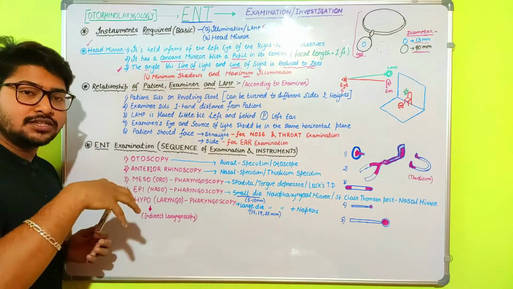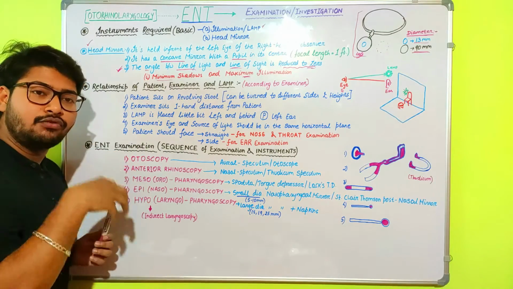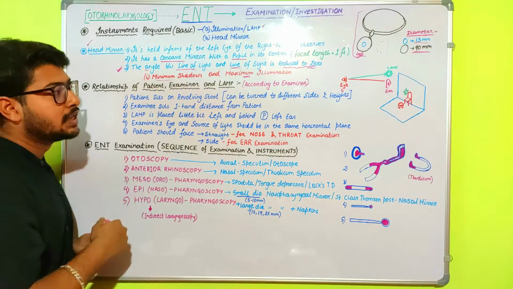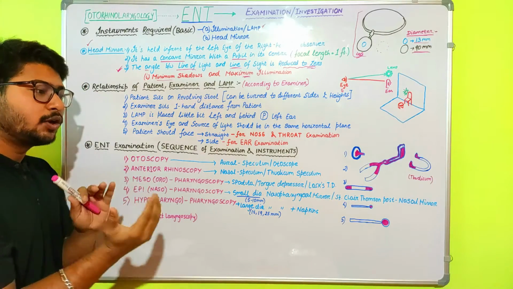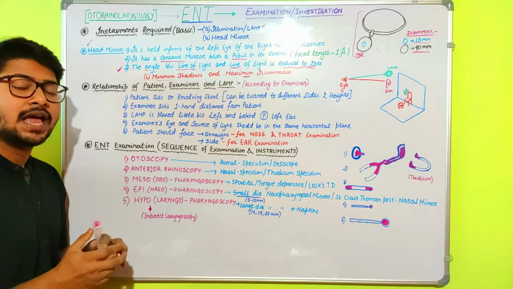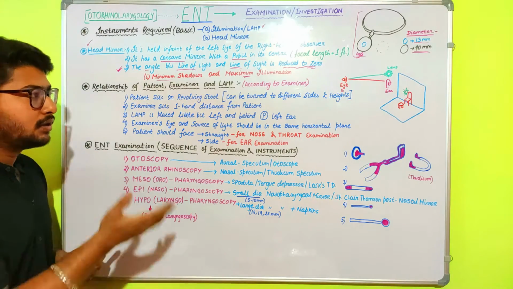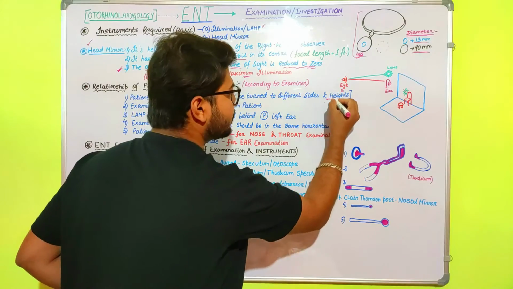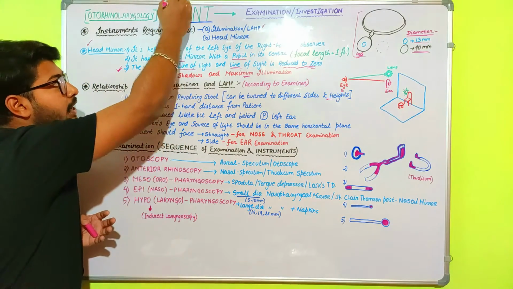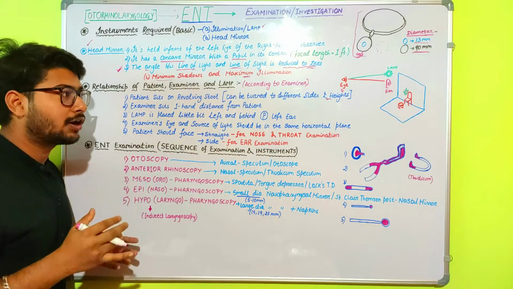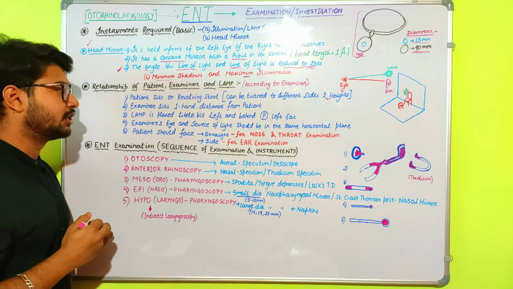The patient sits on a revolving chair, which can be rotated to different sides and raised to different heights, so that we can have different kinds of ENT organ examination.